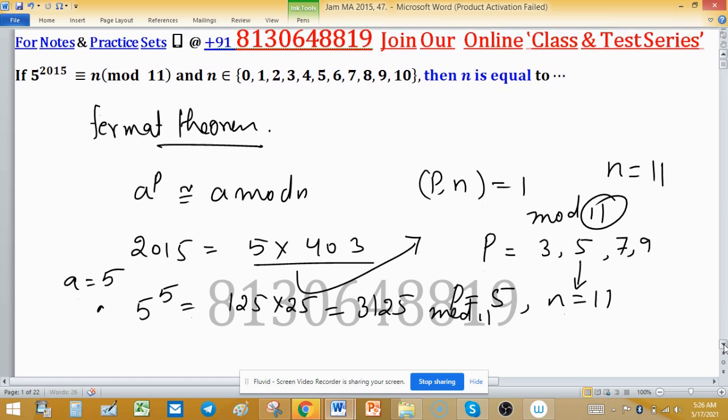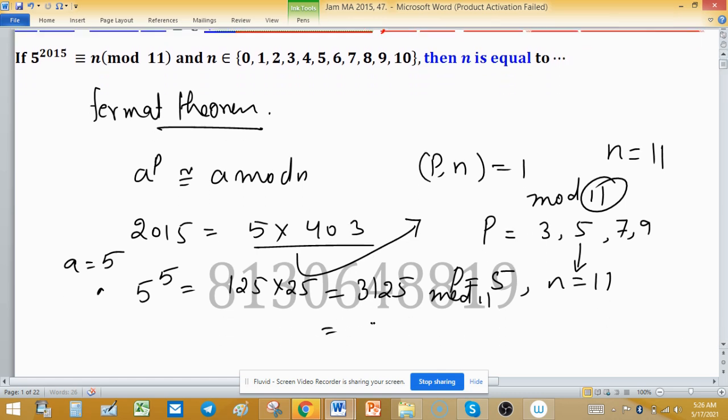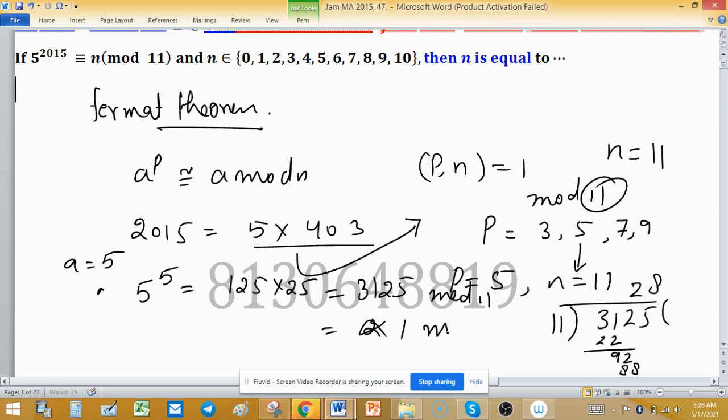So what is the remainder? We need to divide 3125 by 11. 11 2 is 22, so what do we have? 92. 11 8 is 88. So 45. So the remainder is 1. So it will be 1 mod 11.